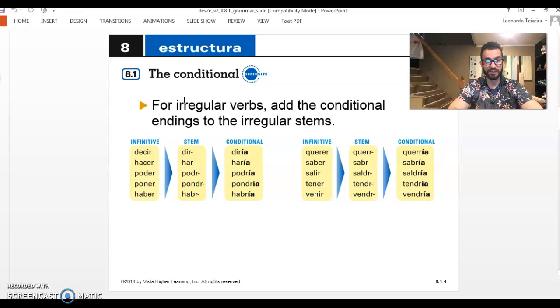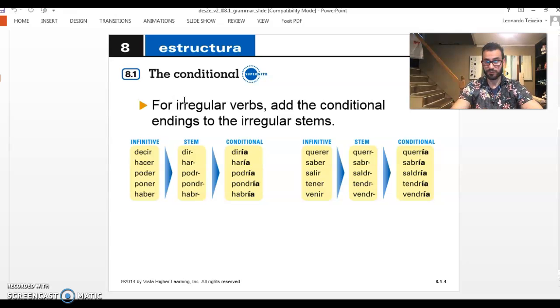Now, you will also see later on that one of the most common uses for the conditional is hypothetical situations. Like when you're talking to a friend and you say, you know, I wouldn't do that, which would be yo no haría eso, not hacería, because hacer is an irregular form, right?